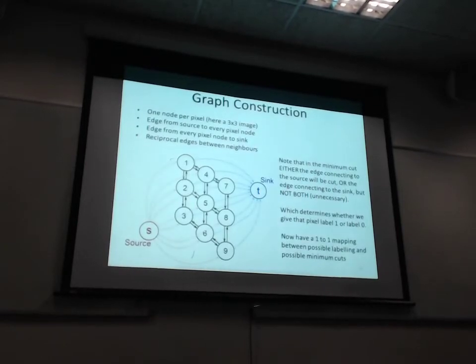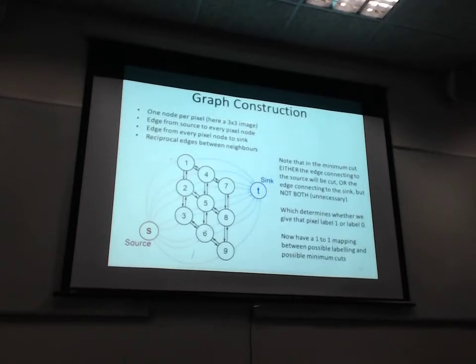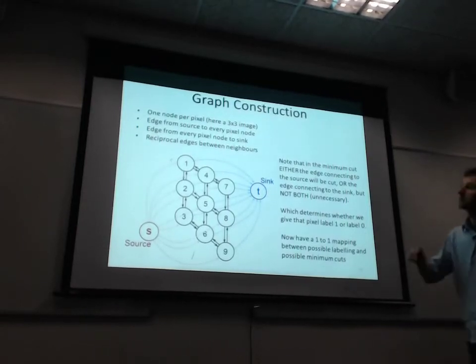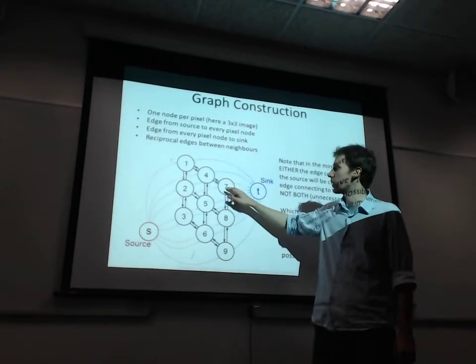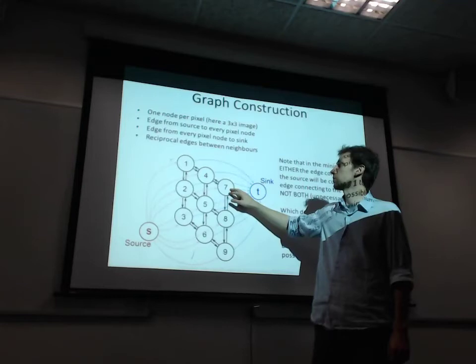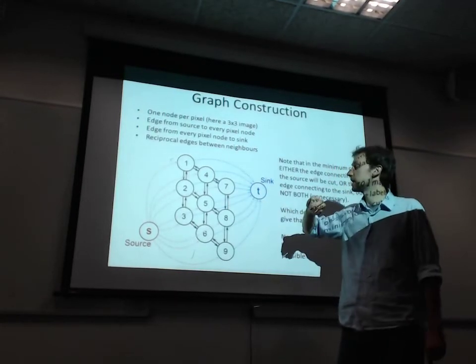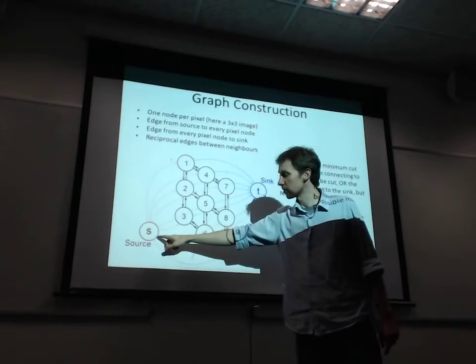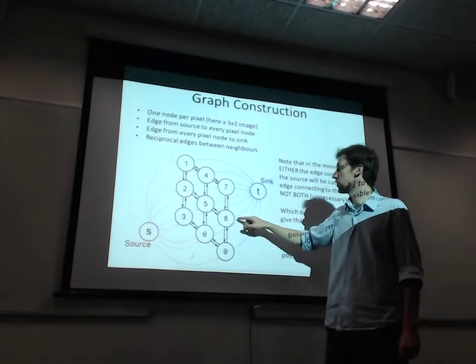We saw this slide. This is where we stopped on Tuesday. We said, all right, we're going to make as many nodes here in the middle as there are pixels. Each one is going to have some discrete number of world states. For now, we're just going to deal with this as a binary problem. And we're going to attach a source node to each of these, and also attach each one to a sink.